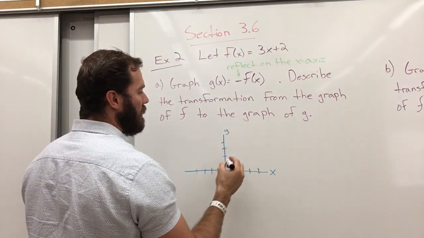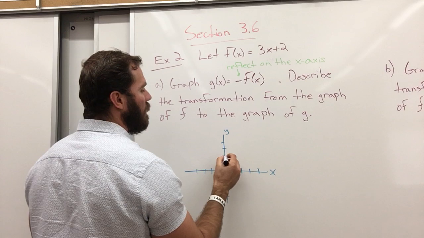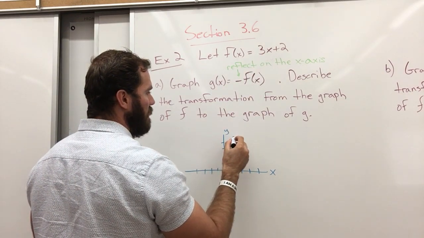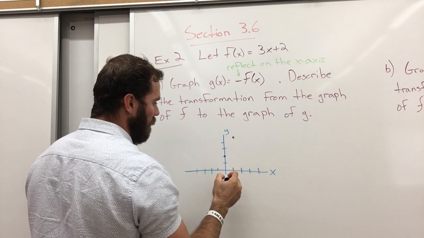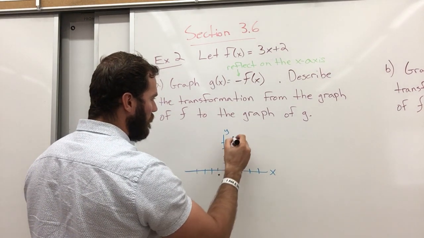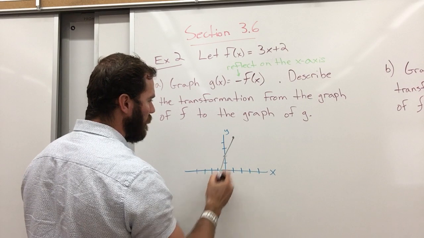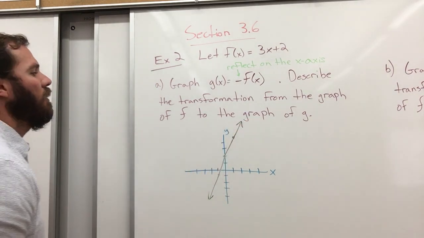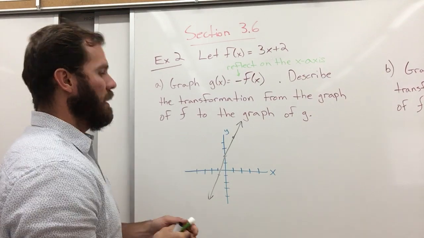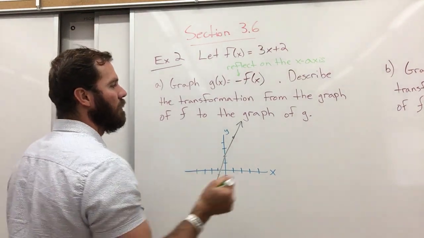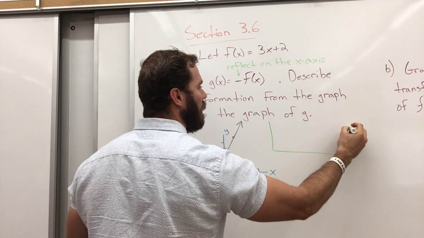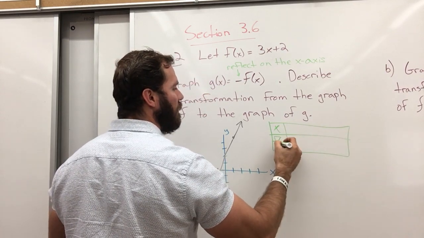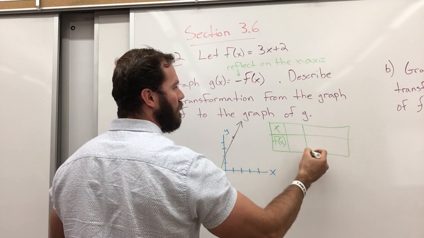It's crossing the y-axis at the 2, and slope is 3, so 1, 2, 3 over 1, 1, 2, 3 over 1. Okay. Now, what you could do is make a table, and you have all your x's and your f of x numbers, right?